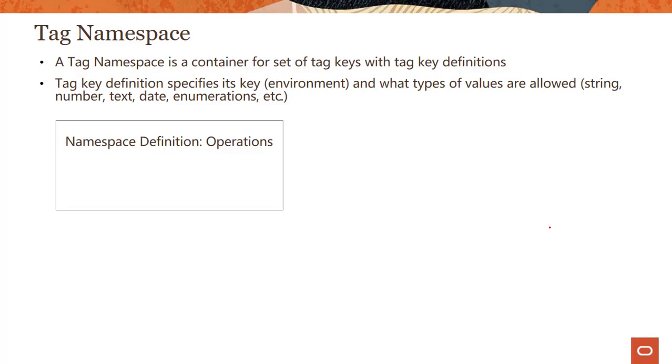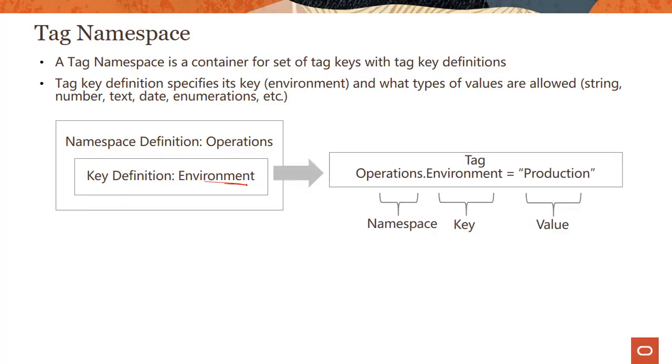In this case, we defined a namespace called operations, and we have a key which is called environment, and we could specify what kind of values are supported for this key, right? So right here we could say that it's a string, or text, or a number, and so on and so forth, right?